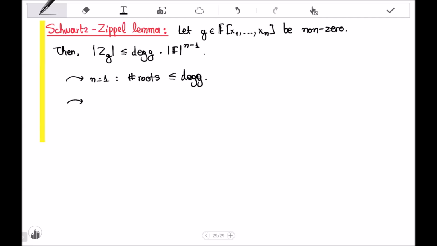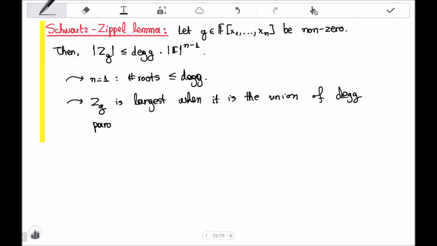And I'd like to explain how to remember this. It says that the zero set is largest when it's the union of degree of G many parallel hyperplanes.